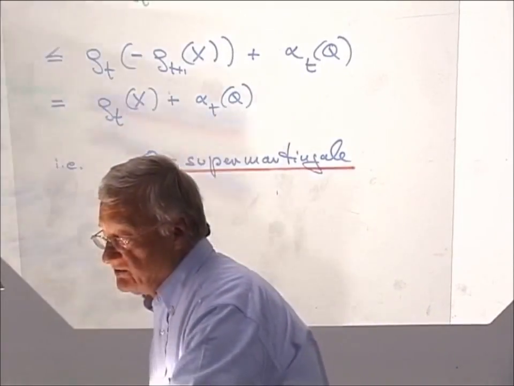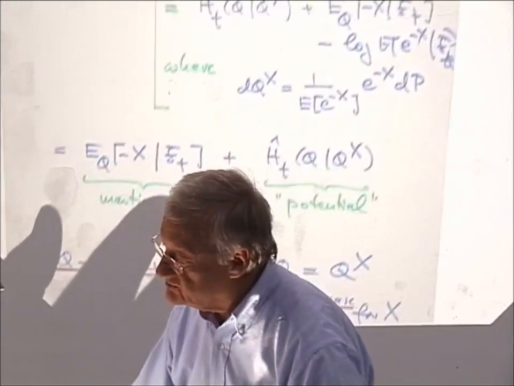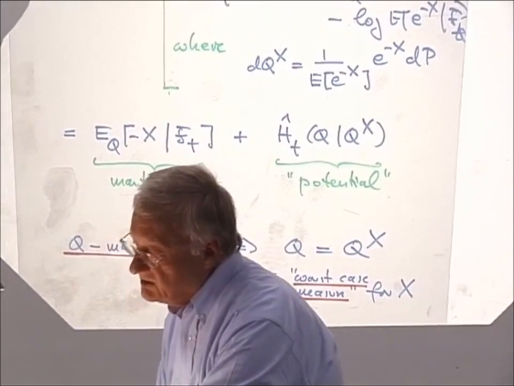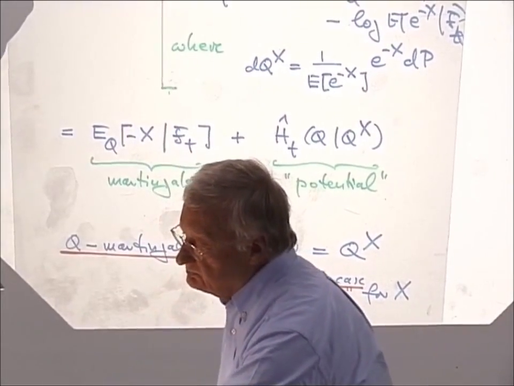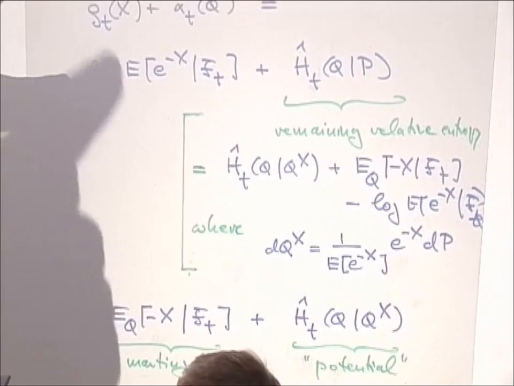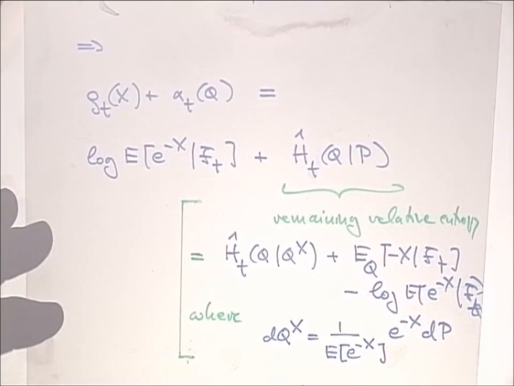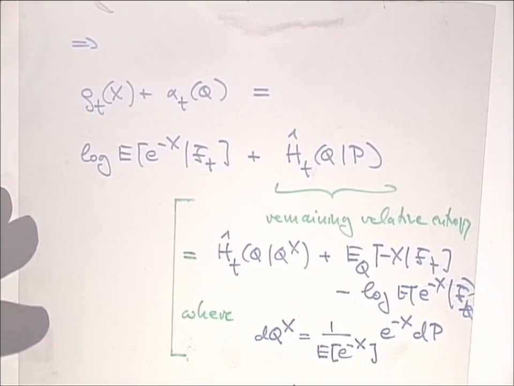Illustration of the Bellman principle for the entropic risk measure. Here I can compute explicitly. It's this plus the remaining relative entropy.